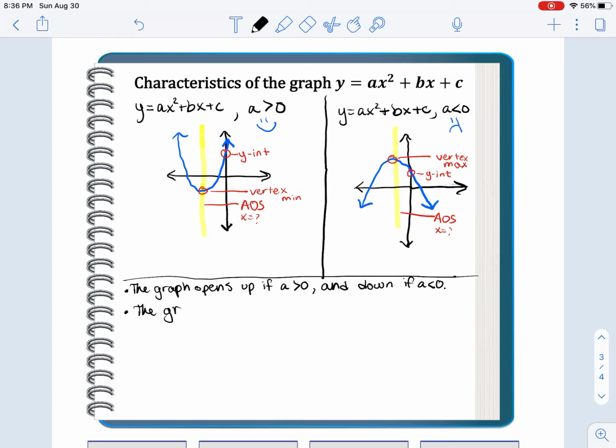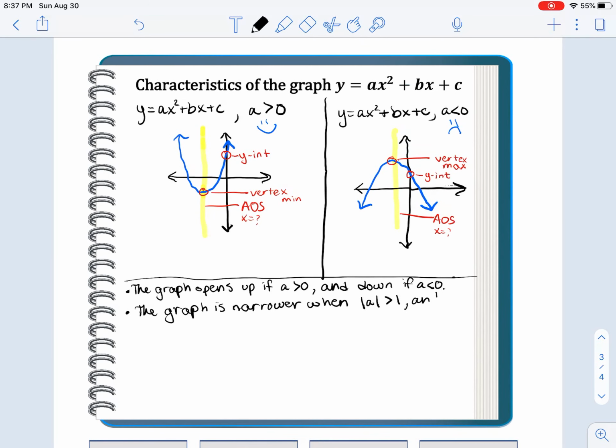We also have that the graph is narrower, remember our first example, when the absolute value of a is greater than 1. We say the absolute value because if it's negative, then we get into that flip-floppy thing. We can't just say a is bigger than 1 because negative 2 still makes a narrower graph than a value that's under 1.